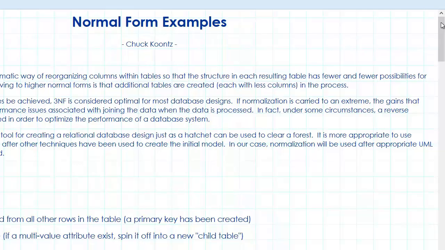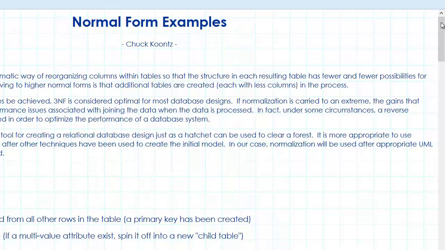Then in the next step, the next normal form, I'll take what was refined from the first step and do further refinement to it, and I'll have an improved set of data. And then I'll do it one more time as I apply rules regarding third normal form.